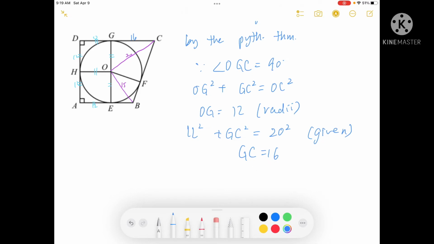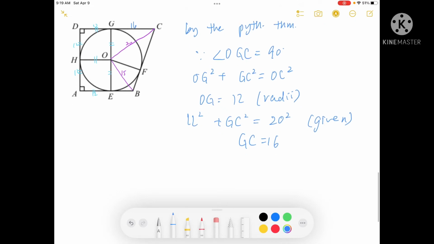By symmetry, since OF is also equal to 12, OC is equal to 20, and angle OFC is also equal to 90, CF is also equal to 16.